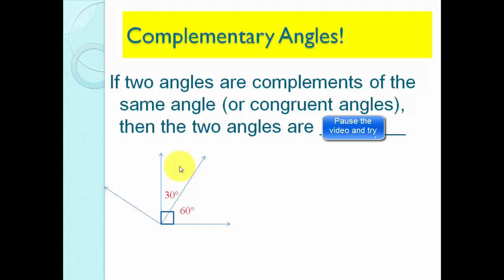Now let's throw in another angle, and let's show that this angle is also forming a 90-degree angle with a 30 degrees. So that means that these two angles are going to be complementary. Well, if they're complementary, that means this new angle has to equal 60 degrees as well. So notice that this angle and this angle are both complementary to the 30-degree angle. Since they are both complementary to the same angle, that makes them congruent.